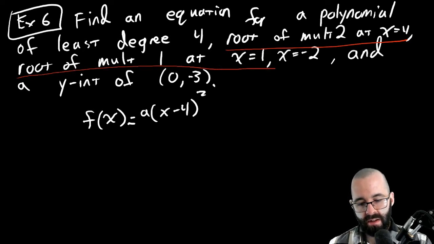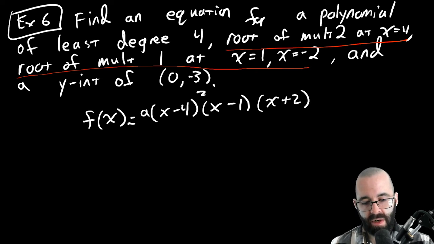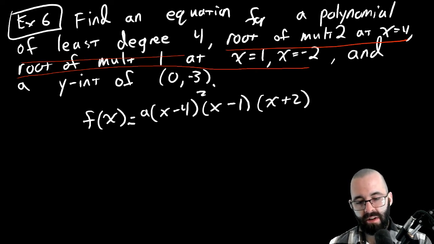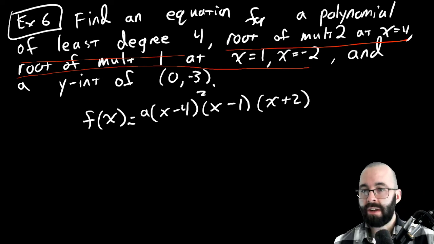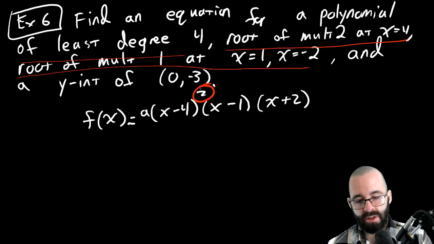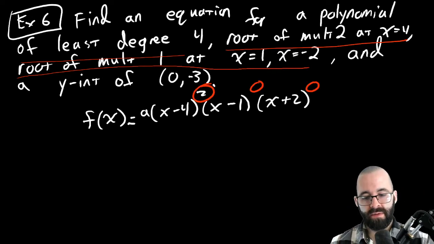Multiplicity 1 at these two zeros. So x minus 1 has multiplicity 1, and x plus 2 has multiplicity 1. Least degree 4. This is a 4th degree polynomial. Add up all the multiplicities, you'll get the degree. 2 plus 1 plus 1 is 4.